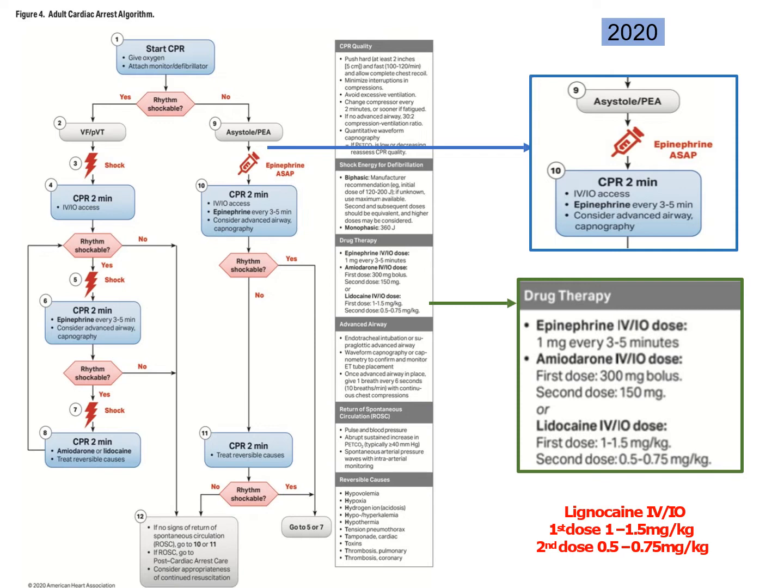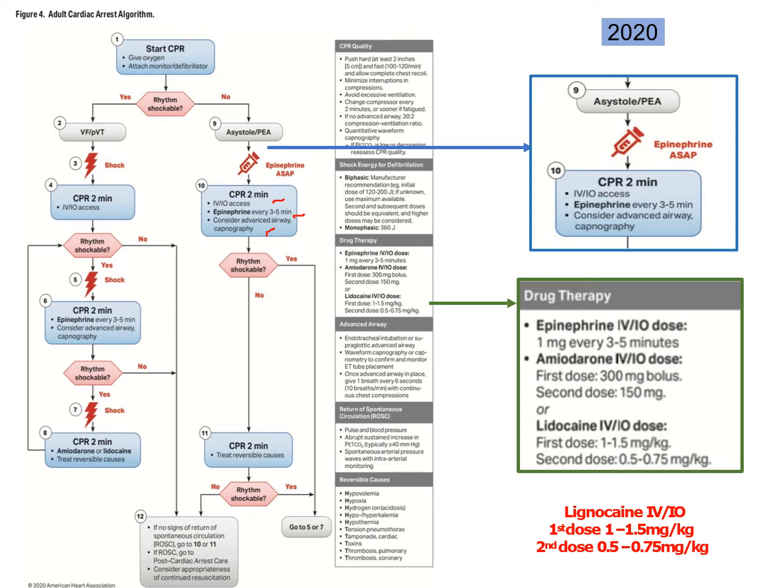If the rhythm is asystole, immediately continue your chest compression and do everything. When I say do everything in cardiac arrest, it means your IV access, you give your adrenaline 1 milligram every 3 to 5 minutes and you intubate early.